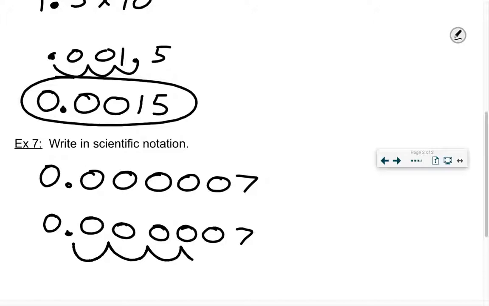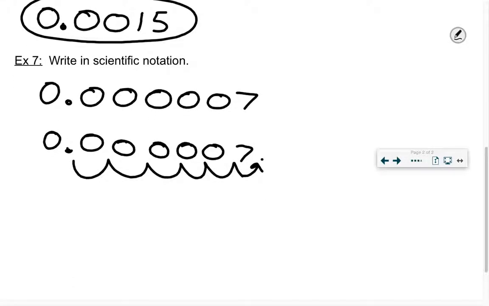One, 2, 3, 4, 5. Do I need to go one more? Yes, I do. So that was number 6, correct? So I have 7. And you can write 0.0 if you want to, otherwise you can just write 7 times 10 to the 6th power. Correct? No? Oh.